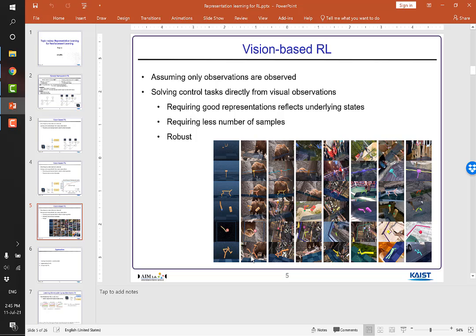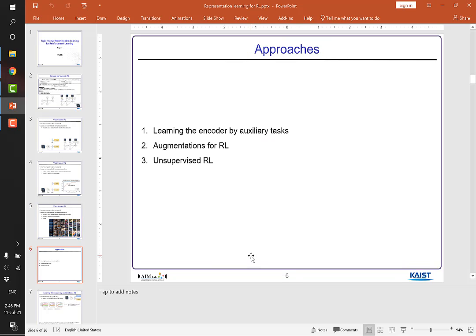And one more is we want to find a robust representation such that it is robust against distractors. So there are three main approaches to address this problem for vision-based RL. To learn a good representation, we can learn the feature extractor by using some auxiliary tasks. The second one is we use augmentation for RL. And the third one is unsupervised RL.